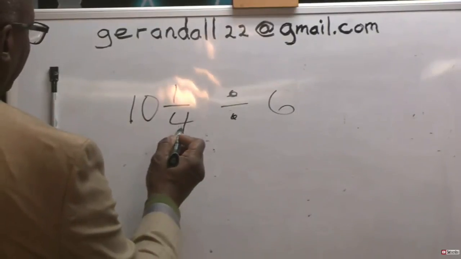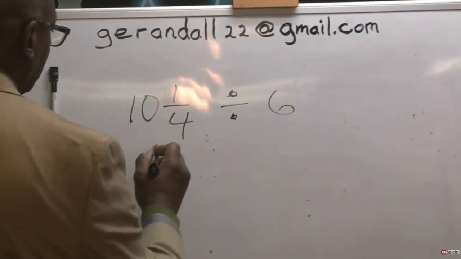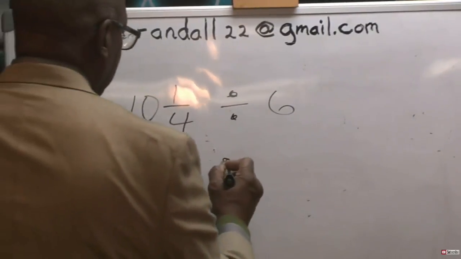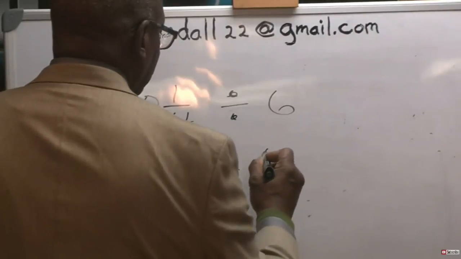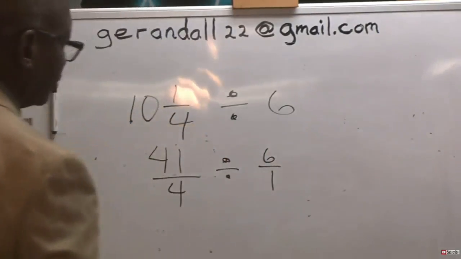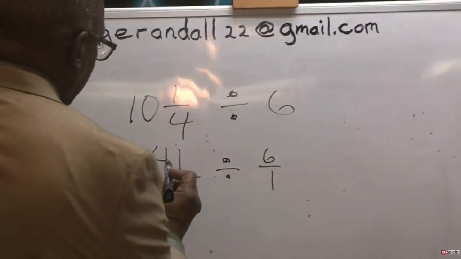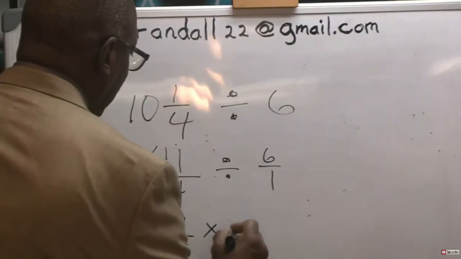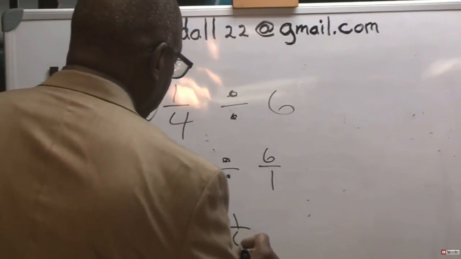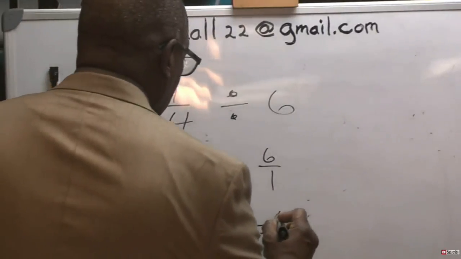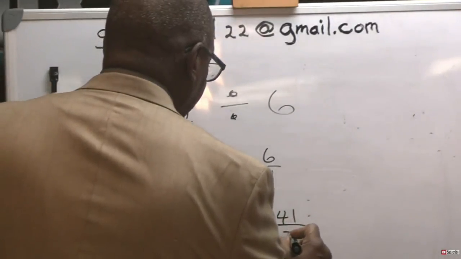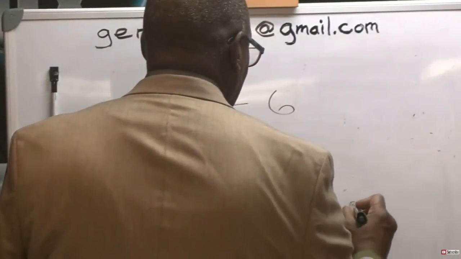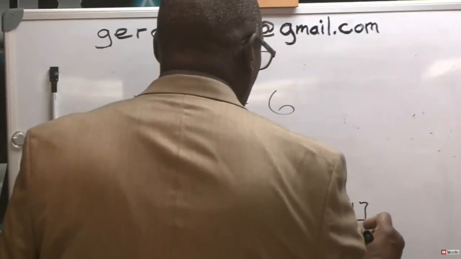Conversion, 4 times 10, 40 plus 1, divided by in this case, 6 over 1. Repeat the first fraction. Multiply by the reciprocal. And you have 41 over 24. And that equals 1 and 17 over 24.